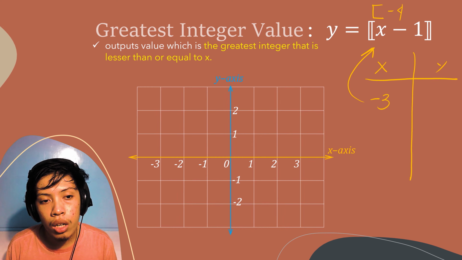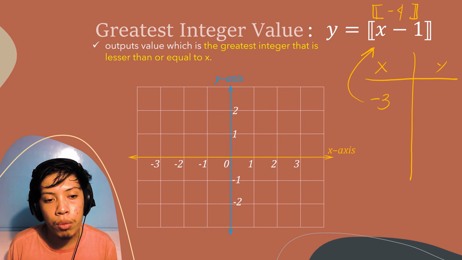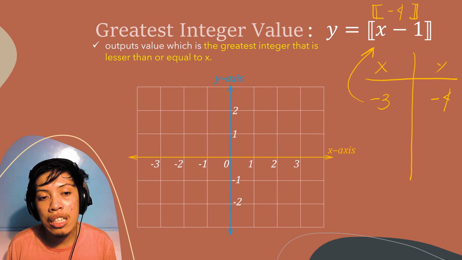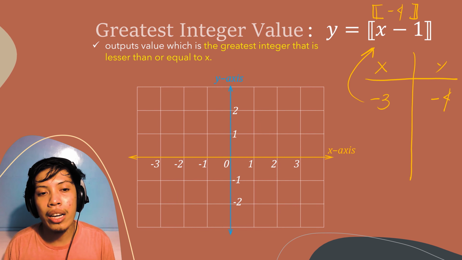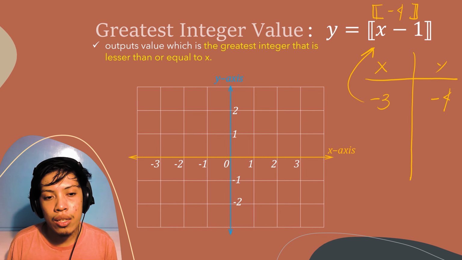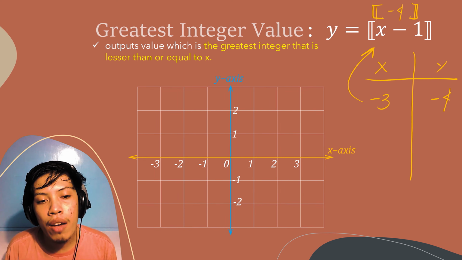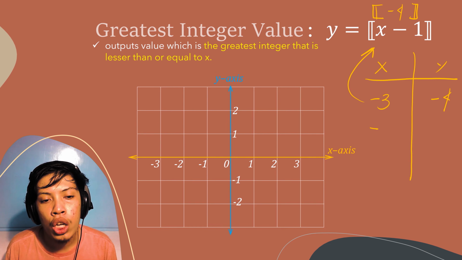Since this is negative 4, your output here is negative 4, because the greatest integer that is lesser than or equal to whatever is inside that double bracket is negative 4.